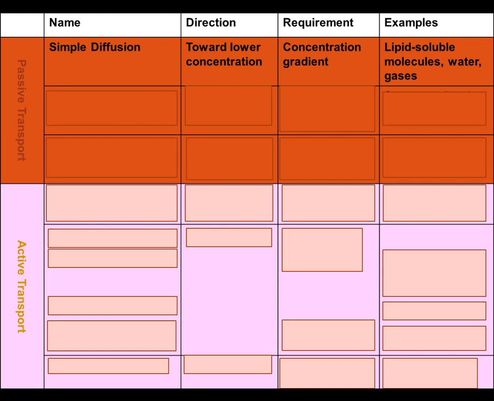We need a transport protein, and the process is called facilitated diffusion. In facilitated diffusion, this is still a type of what? Passive transport. So the direction is still down, towards the lower concentration for that particular molecule.